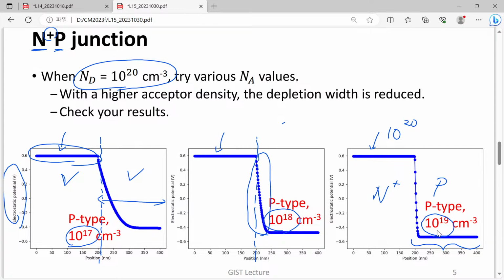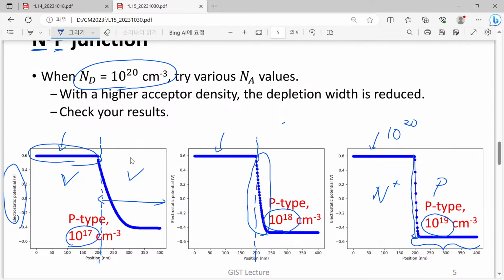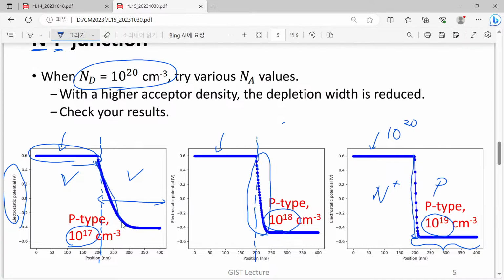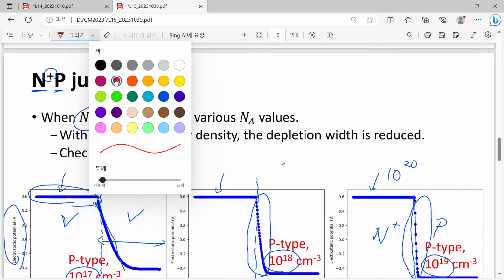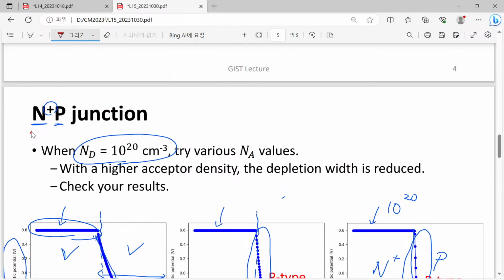Even in this 10 to the 19 case, although the width of this change is much narrower than the previous case, it is still true that changes occur only in the p-type region. That's the reason why we are interested in which one is dominant.